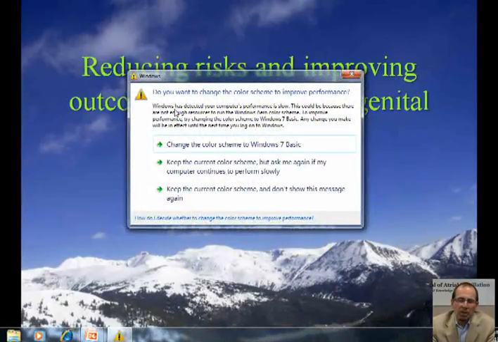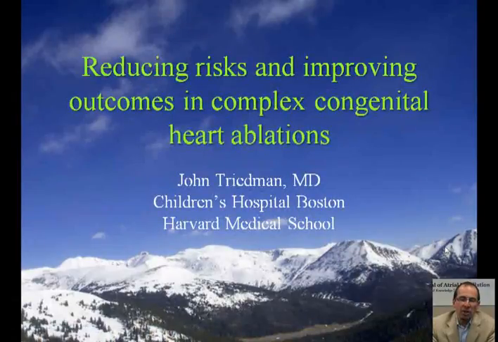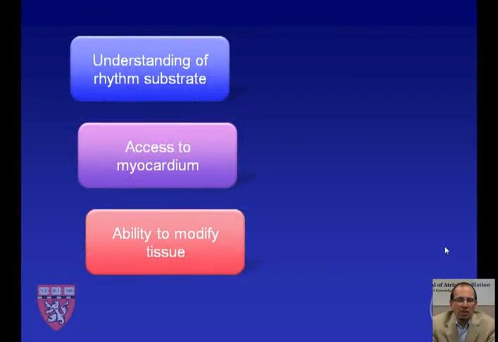And with respect to ablation, we both need good techniques to modify the tissue, but we also need to be able to assess the efficacy of this intervention after we've made our ablation attempts. We can apply this rubric both to simple types of arrhythmia, such as SVT in the normal heart, where we can apply a number of standard and time-tested and quite simple technologies to achieve successful ablation.